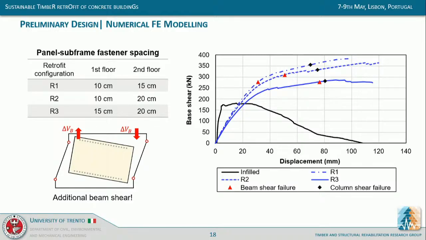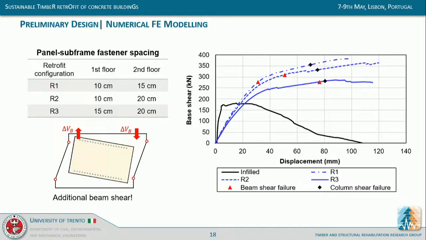And so the design comes down just to the spacing of the fasteners, and you see here some of the results from the parametric study that we performed by changing the spacing of the fasteners on the panel to subframe connection.